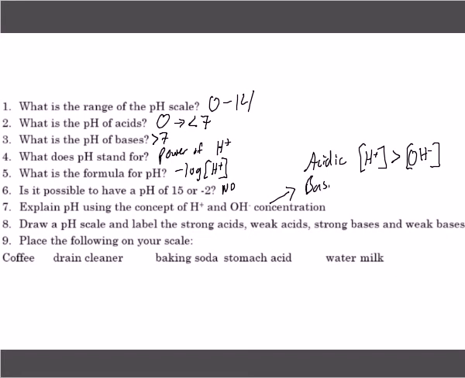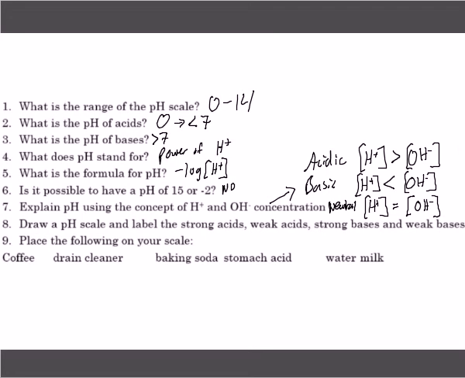If something is basic, that means your hydrogen ion concentration is less than your hydroxide. What does it mean if something is neutral then? Yeah, you have equal concentrations. Every solution has both of those ions. It just depends which one's more prevalent.